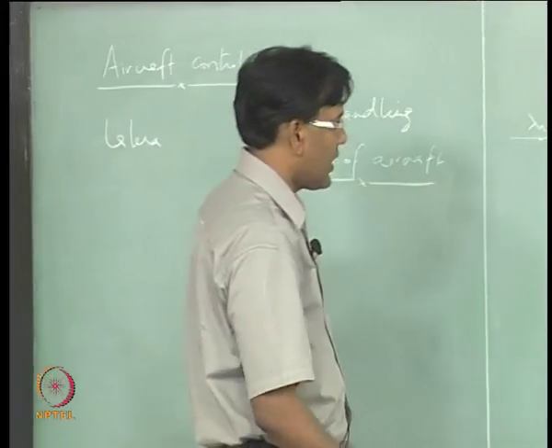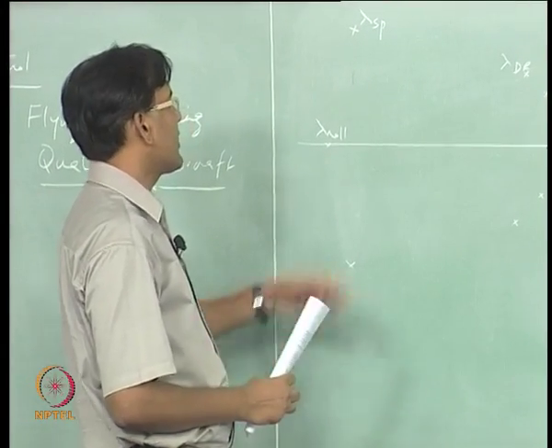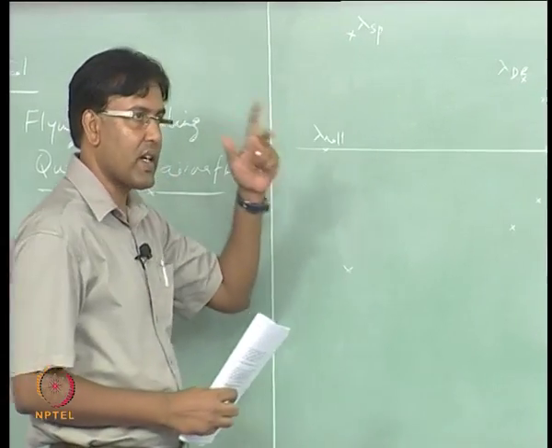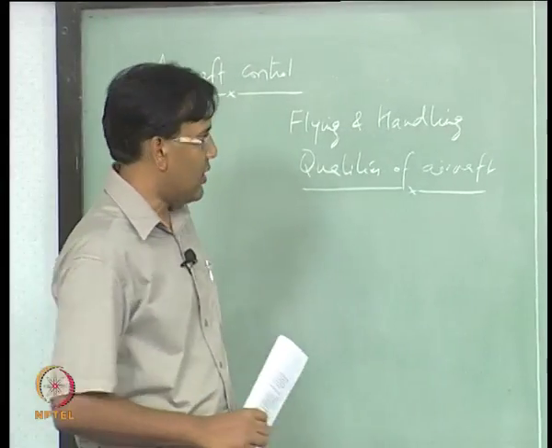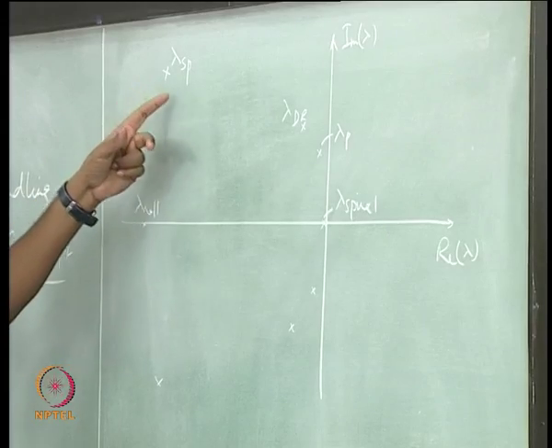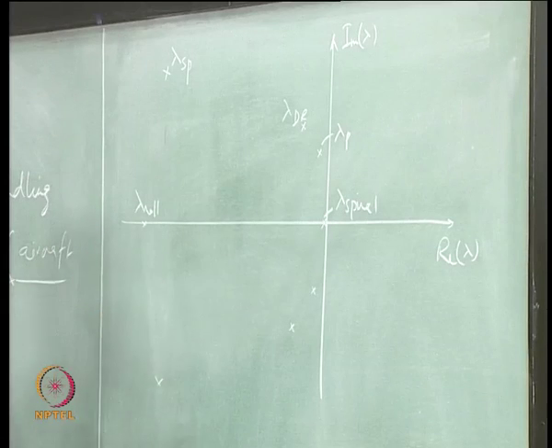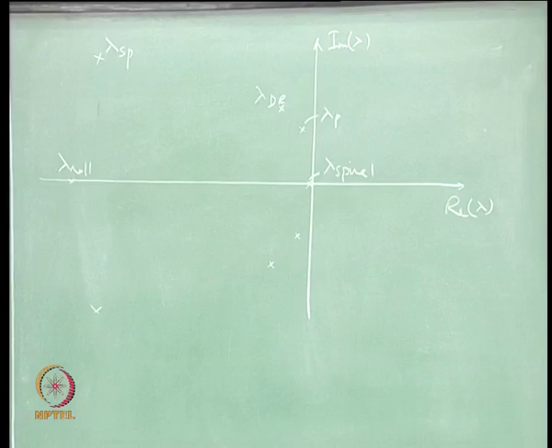Now, the question is, let us say our basic aircraft design results in giving us, in one of the flying conditions, not all, the eigenvalues at these places located in the complex plane, right.